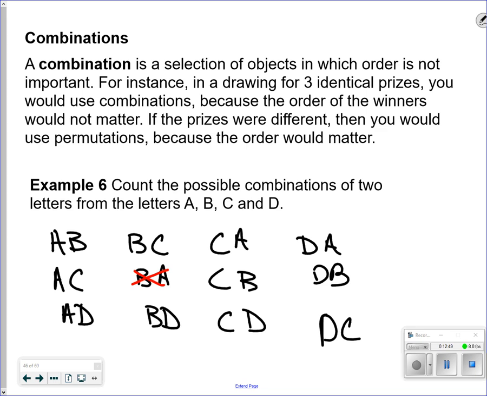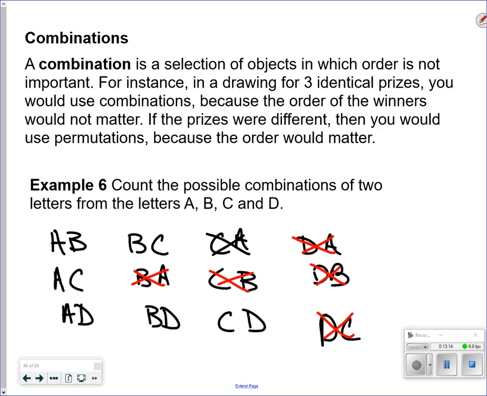So AC and CA, AD and DA, BD and DB, CD and DC, and then BC and CB. If the order doesn't make any difference, then there are way fewer combinations that you're dealing with.